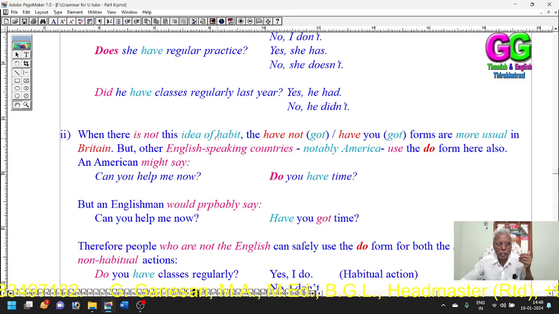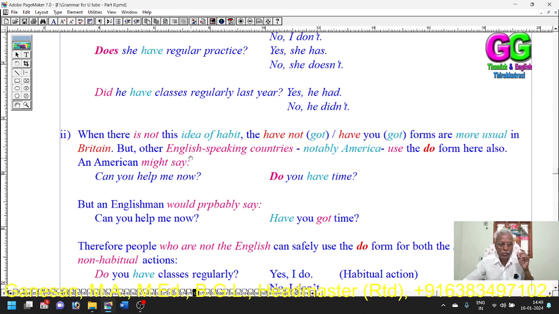When there is no idea of habit, the haven't got or have you got forms are more usual in Britain. In Britain, for non-habitual actions, the form is haven't got for negative and have you got for interrogative. But other English speaking countries, notably America, use the do form here also.